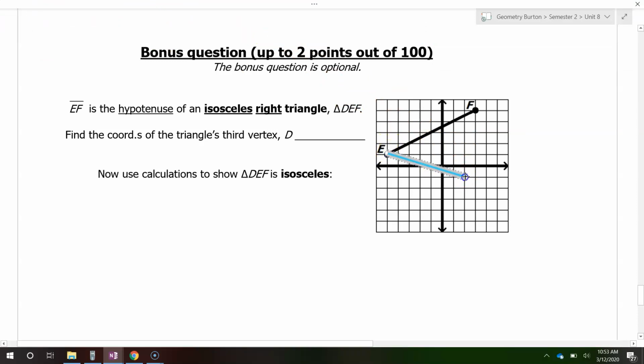This point was looking pretty close to being a right triangle to me. But looking at it now, I can see that it's a little bit too far to the right. So that one didn't work. And then I nudged it over a little bit, and I tried this point right here. And this is the point that turns out to work.